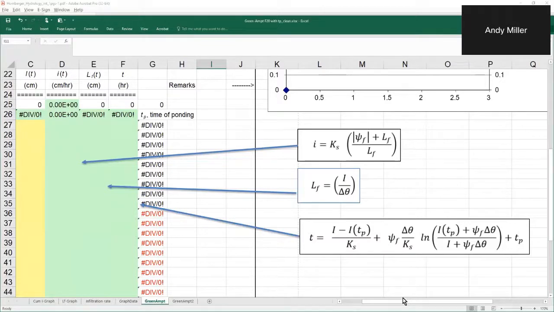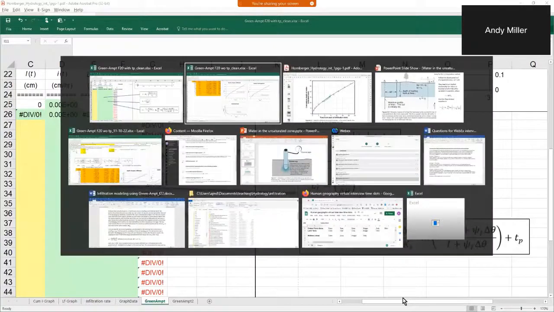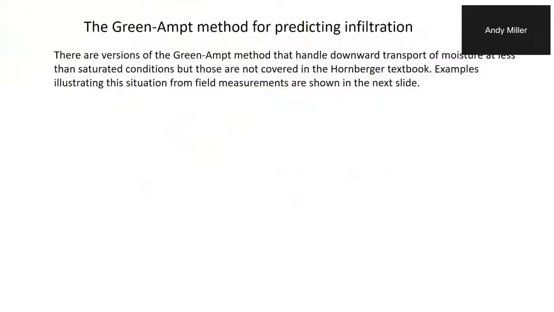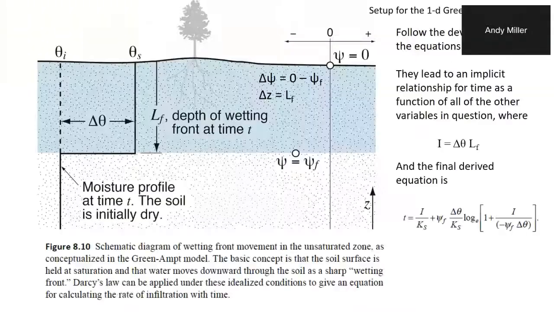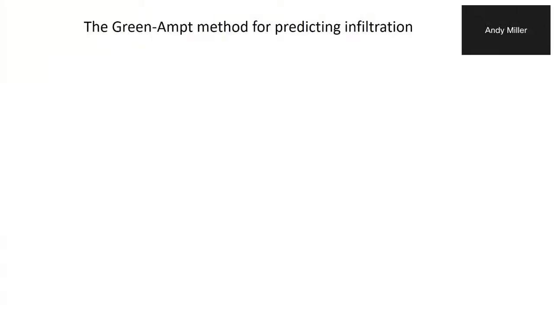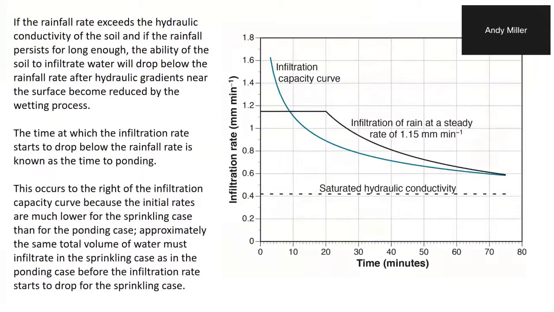And so as a result, even though there are some slightly different things in here, and you have to build the time of ponding into this equation, it will develop the curve that looks just like that second curve we were looking at. Right, so the first one in the Hornberger textbook, we developed a curve that looks like this. The one in the Dingman textbook, we can develop curves that look like this.